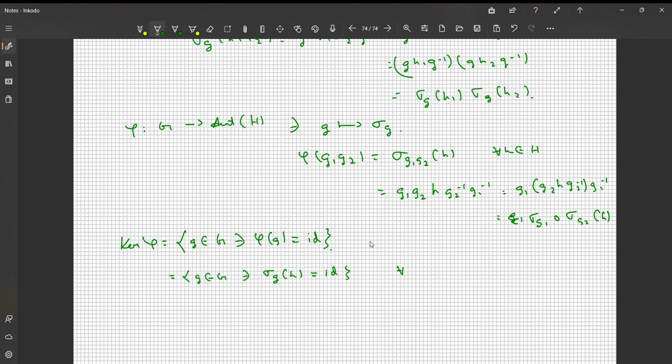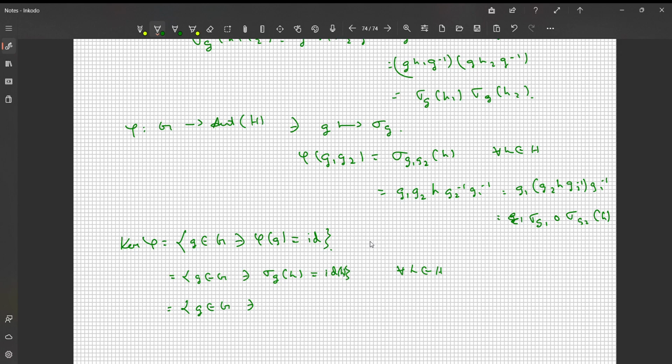So this happens for all h in capital H. So obviously this means that this mapping has h mapped to h, right? So we can write it as identity of H, right?